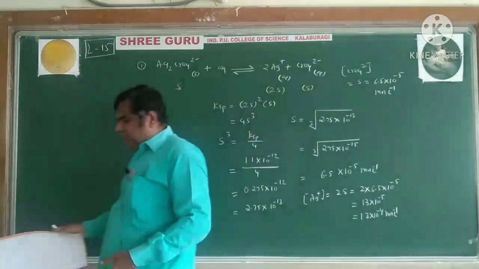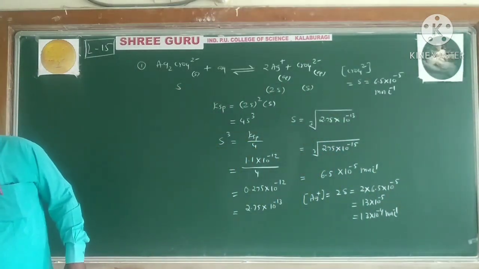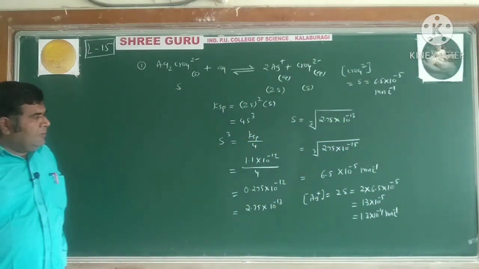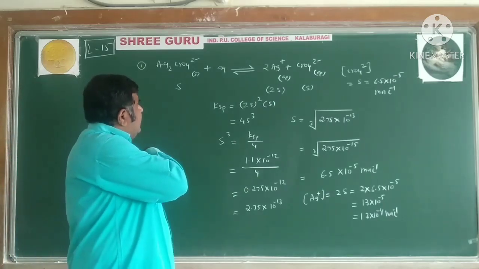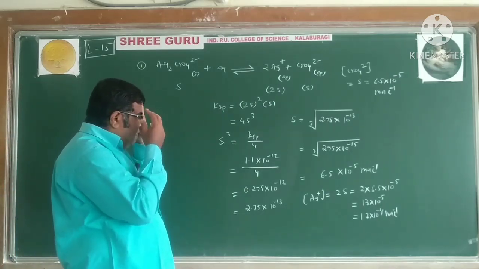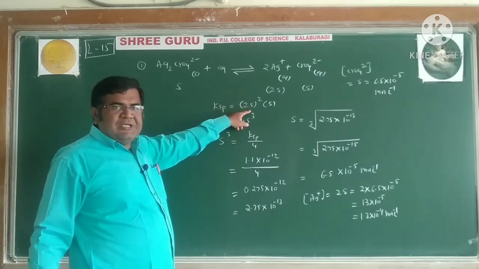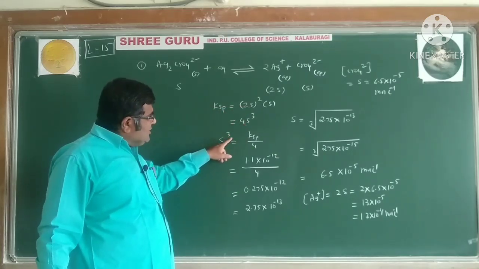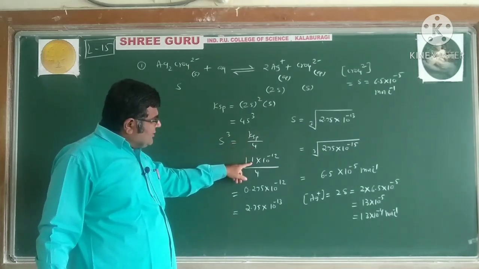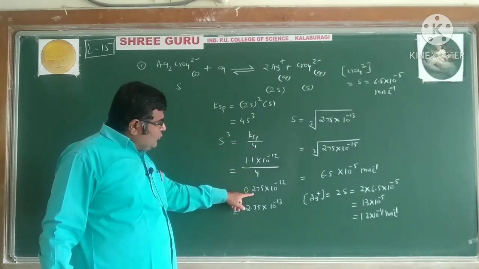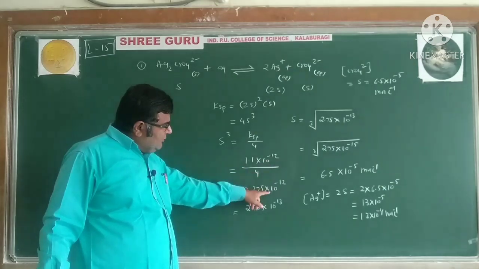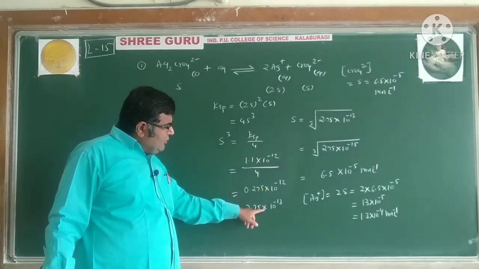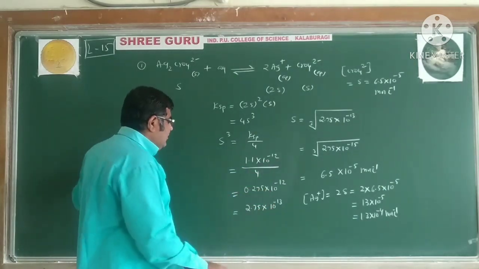So see how we have solved this question. First we have seen the solubility product and solubility relationship. We have Ksp is equal to 4S cube. S cube is equal to Ksp by 4. Ksp was given, divided by 4, 2.75 into 10 raised to minus 13 was the S cube.